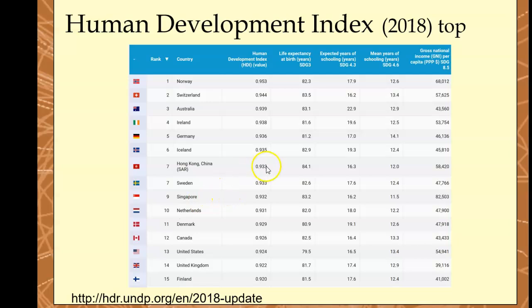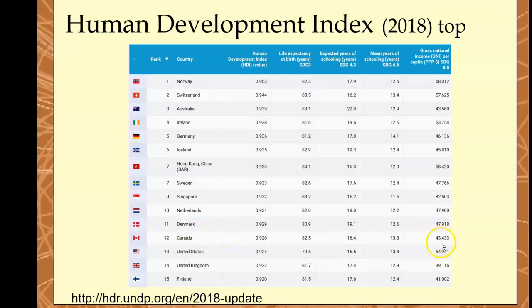And what's interesting is take a look at a country, let's say like the United States, in the HDI index. The United States is 13th. Now, if you look at per capita GDP, this is the last column, the United States per capita GDP was 54,000. But look at a country like Canada.